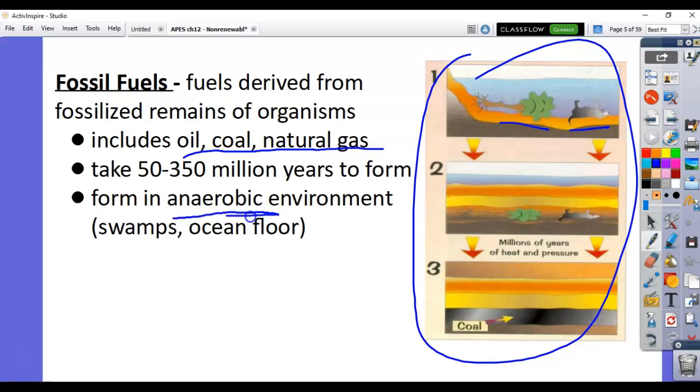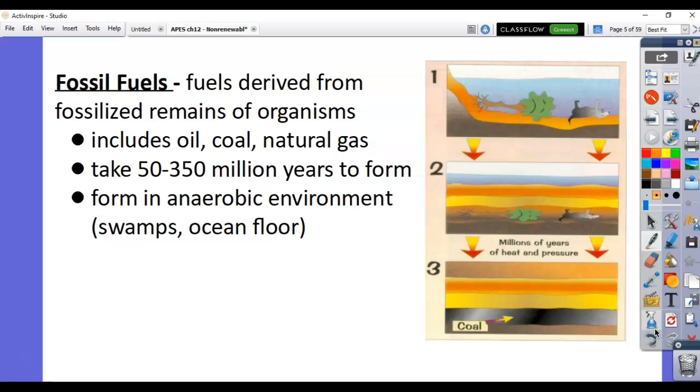Typically, they're forming in anaerobic environments, which means without oxygen. A lot of times this is happening in swampy areas and on the ocean floor. So if you bury your dead dog Fido, he's probably not going to turn into a fossil fuel. He needs just the right conditions in order to become coal. Not to mention, you'd be waiting 50 to 350 million years, which would not be very awesome.